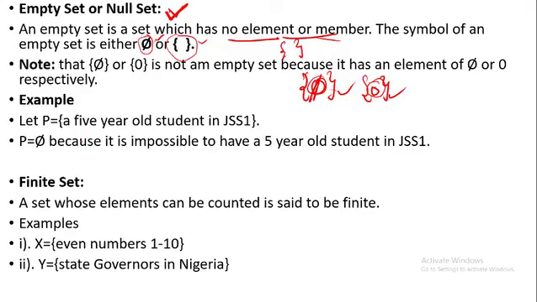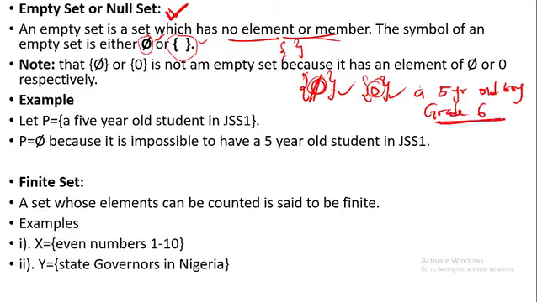Okay, so if we have the set of 5-year-old students in JS1, over there I know you people use grade 6. Just imagine having a 5-year-old boy in grade 6.